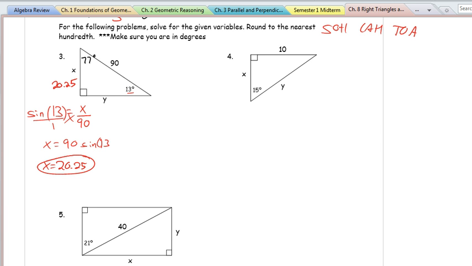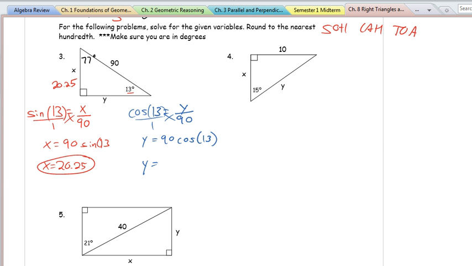Y is the adjacent side, so it has to be adjacent and hypotenuse, which is cosine. Cosine of 13 is equal to the adjacent y over 90. Again, put that over 1 and cross multiply: y equals 90 times the cosine of 13.